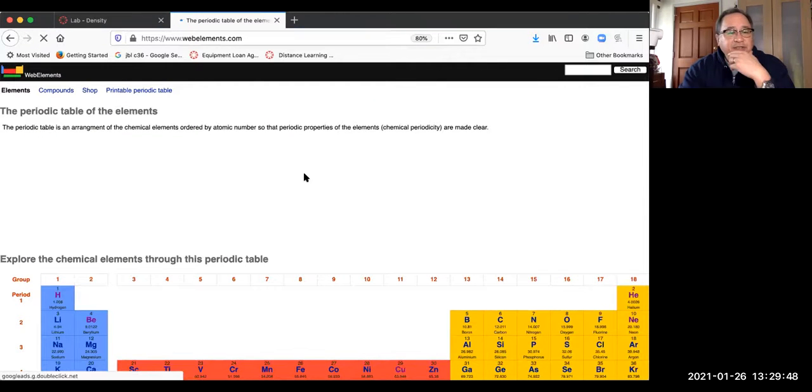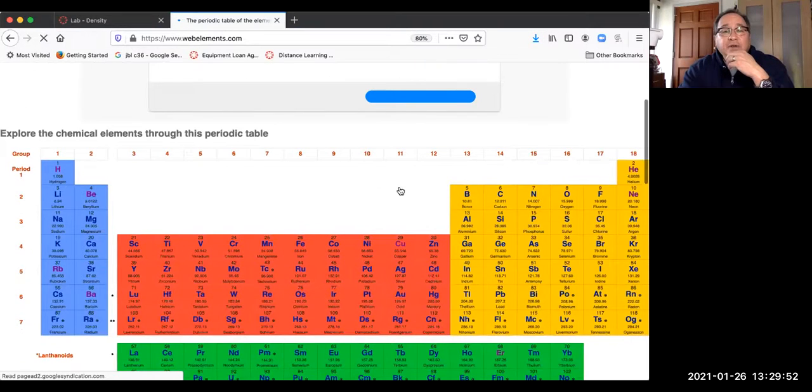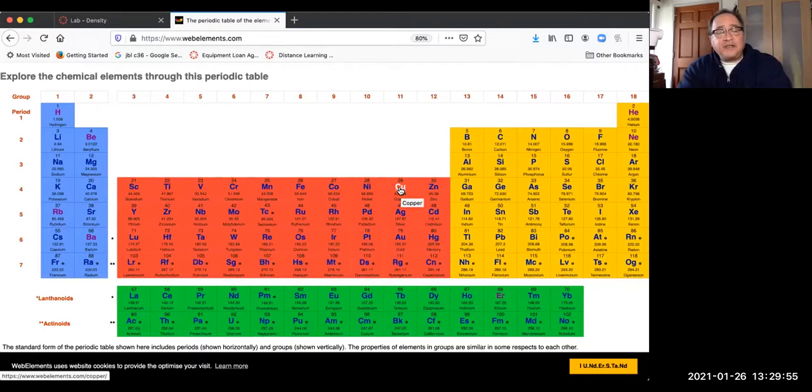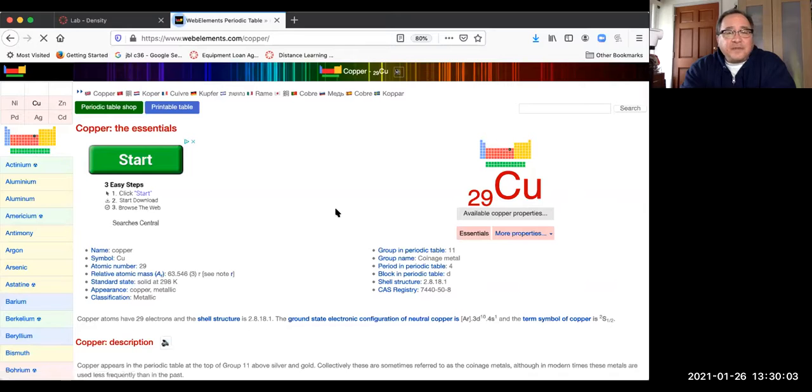Okay, so here you can see a periodic table of the elements, and I'm going to go to copper, and I'm going to link to copper. And you'll see that they give you all sorts of information about copper.